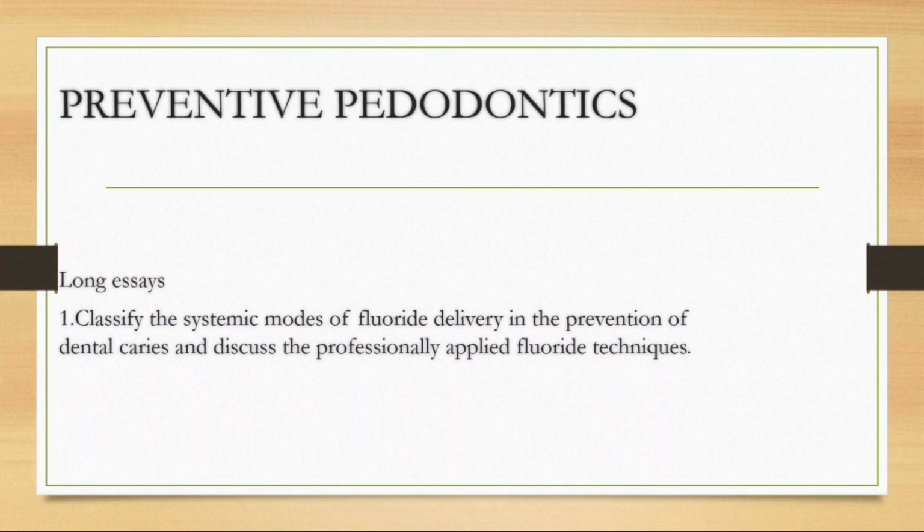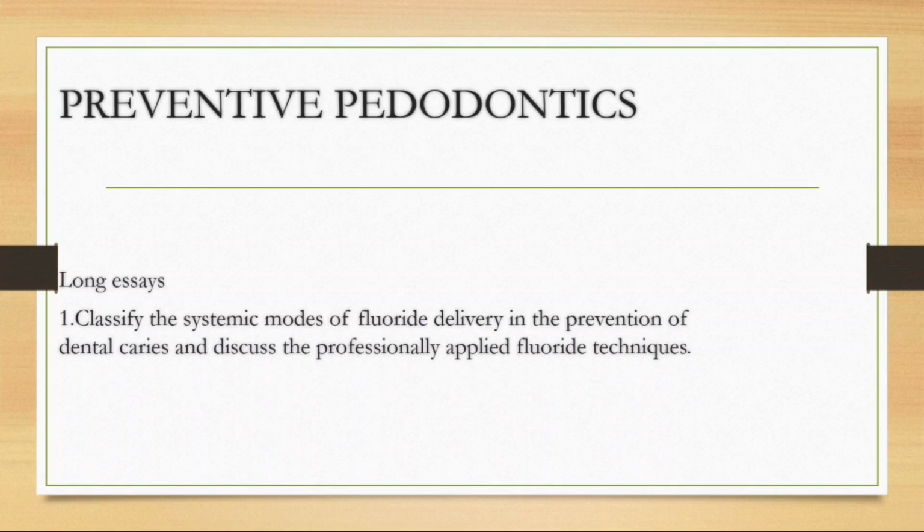applied fluoride techniques. Basically, fluorides can be applied in two ways. One is the systemic approach and another one is the topical approach. And it can be self-applied or professionally applied.